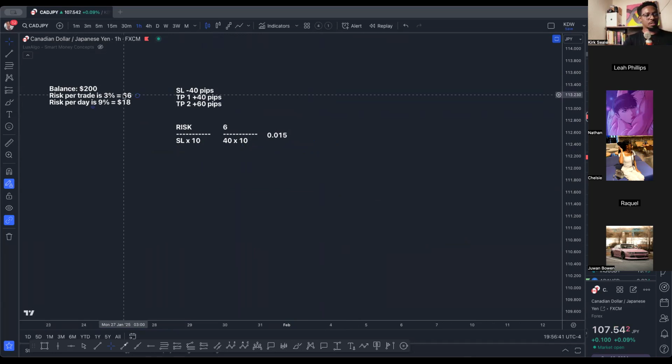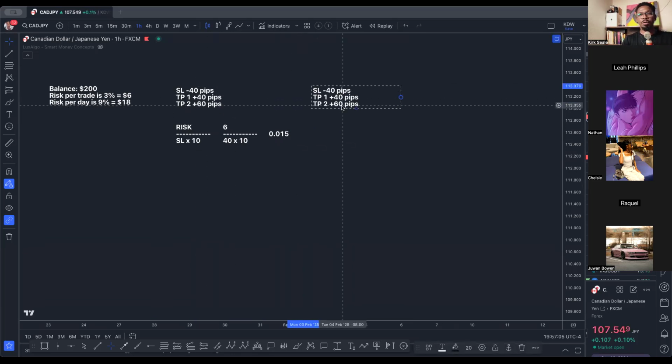Our risk per trade is $6. So when this came out and it was 40 pips, our risk was still $6. So we then had to work with our stop loss to figure out what lot size to use to make sure that when we enter this trade, we only lose $6. Some of these other ones are going to make more sense. So I'll keep pushing forward.